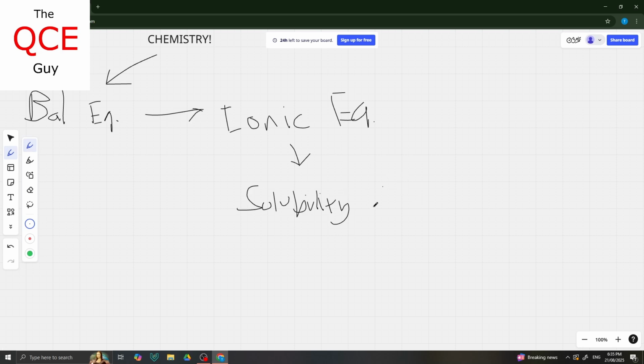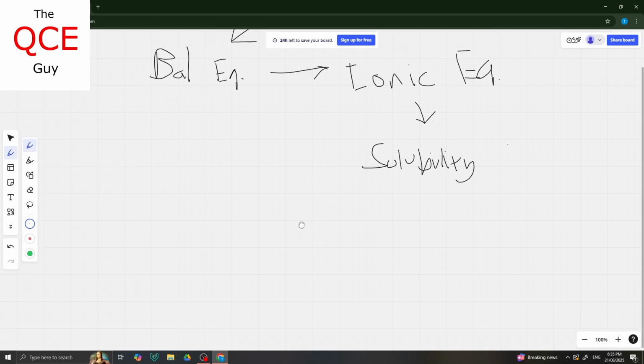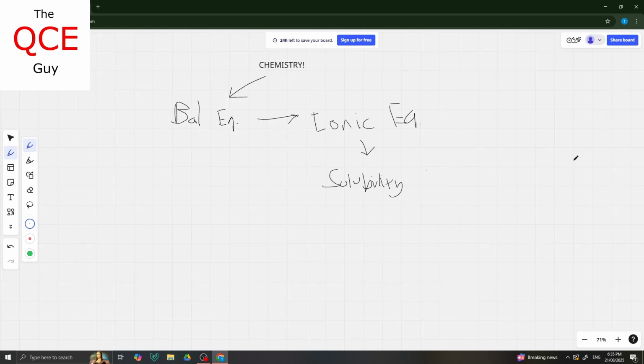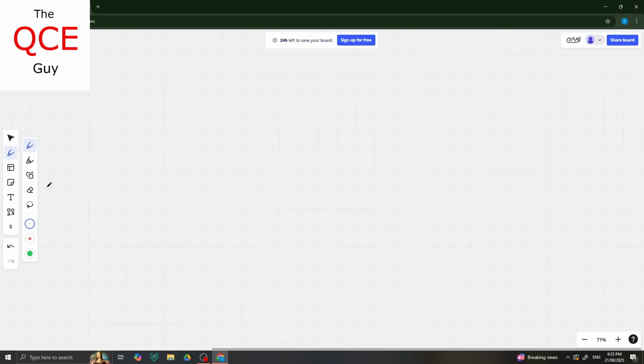Anyways, there's a few rules with solubility that are really good to use if you're trying to identify if a reaction is going to form a precipitate or if it's going to form an aqueous mix. So, without further ado, let's get into it. Let's start with our balanced equations.